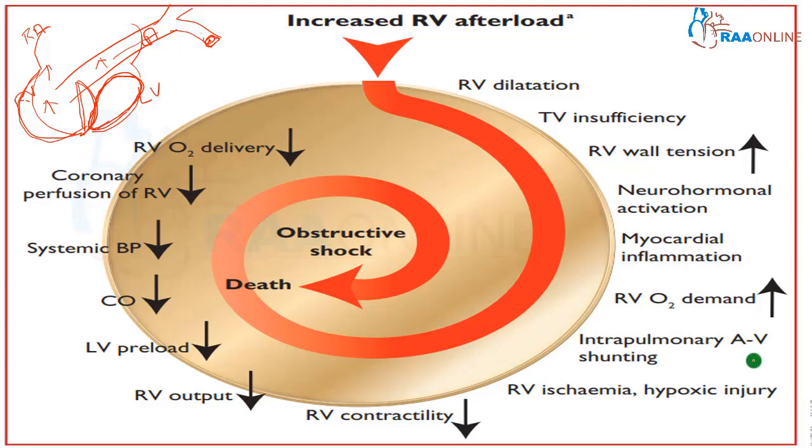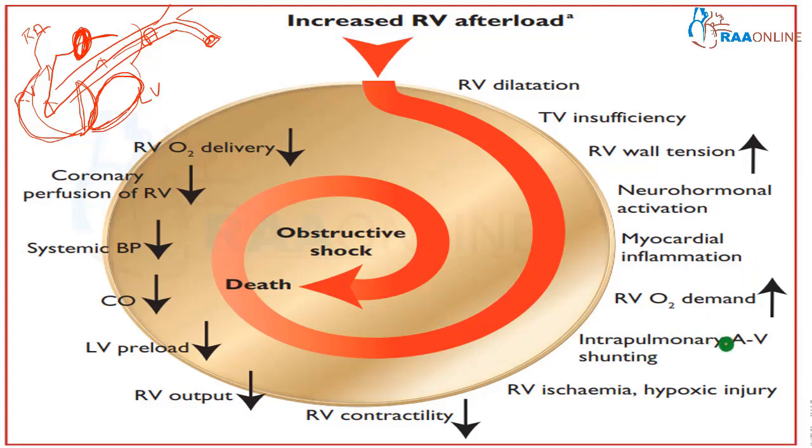Not only the intrapulmonary AV shunting, if in the heart, from the right atrium to the left atrium, there is a patent foramen ovale, the pressure which is getting transmitted from the pulmonary artery to the right ventricle to the right atrium can go through this foramen ovale into the left atrium. Okay, so the venous blood, which is oxygen-deficient blood in the right atrium, can mix with the left atrial blood. So there will be profound hypoxia which you will not be able to correct by just giving oxygen. Okay, so presence of patent foramen ovale is actually detrimental in a pulmonary embolism.